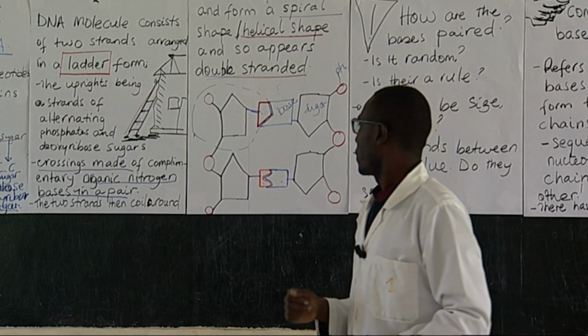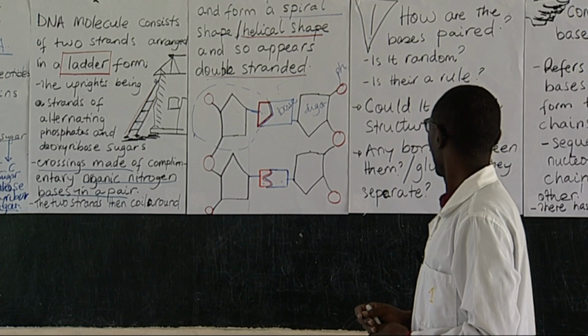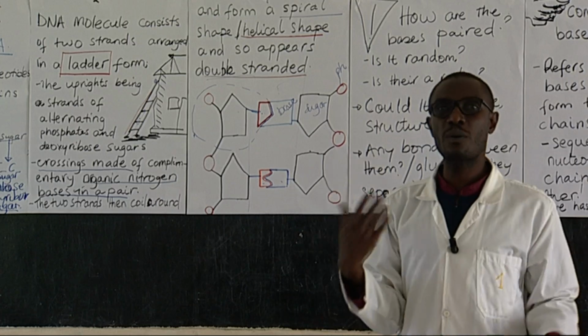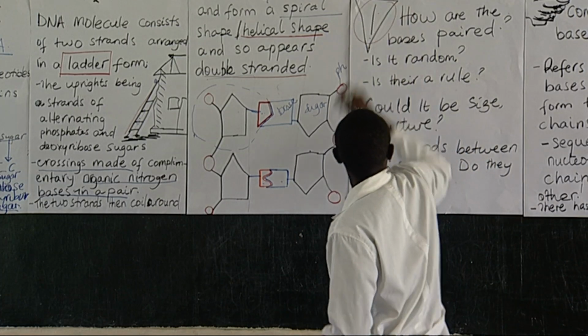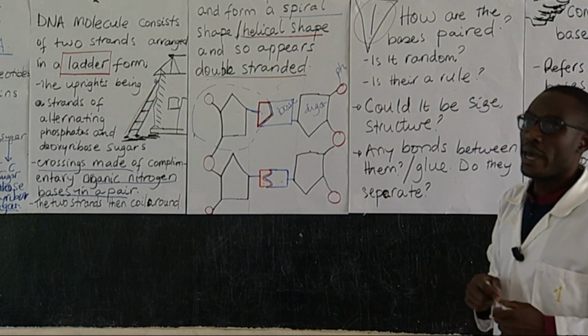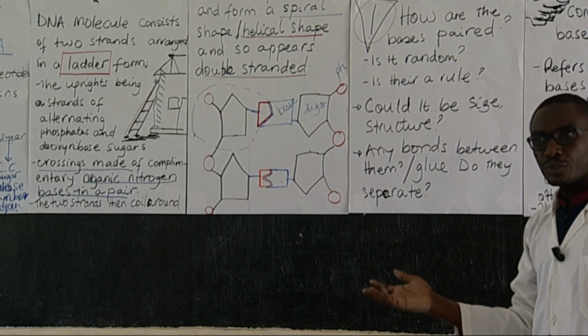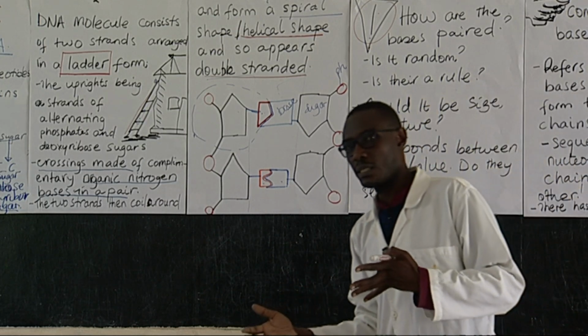Now, when we talk of complementary nitrogen bases, if we are to have a structure like this, then we have a lot of things bubbling in our heads. One, how are these bases paired? Is it by random design? Do we have a possibility of following on the structures?